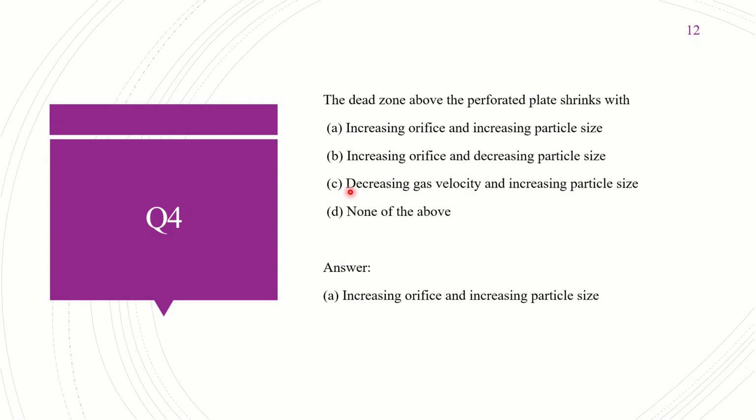So the dead zone above the perforated plate shrinks. With this one also we have seen over there, with increase in gas velocity the dead zone formation is decreased, and again with increase in particle size the dead zone formation is decreased, and increasing the orifice, dead zone formation is decreased, and decreasing the space between the orifices, again dead zone formation is decreased.